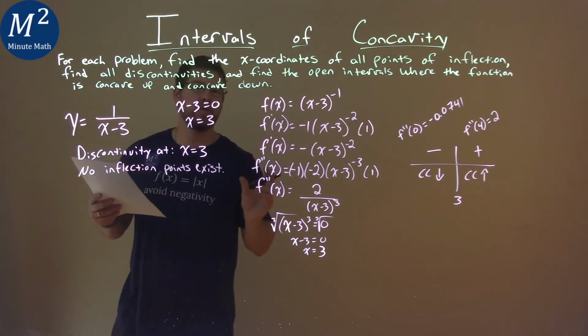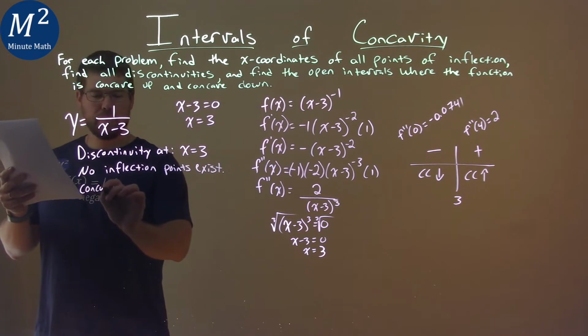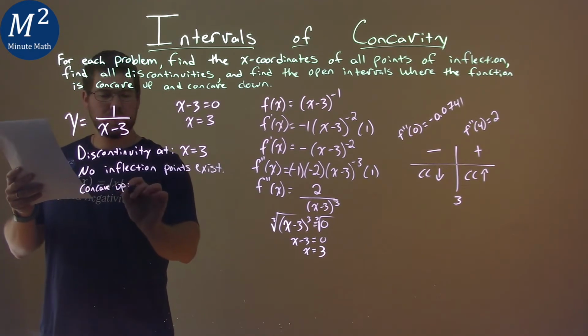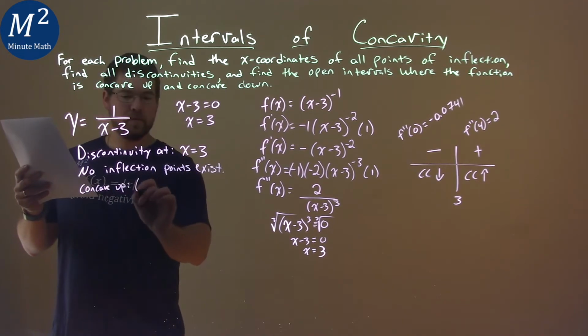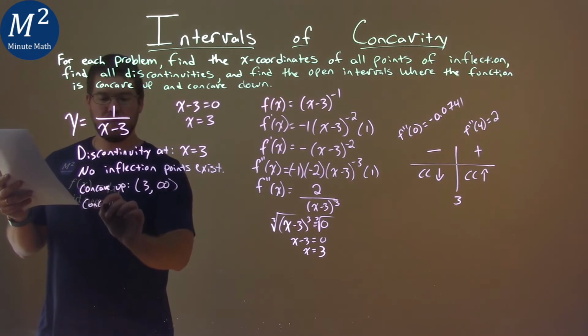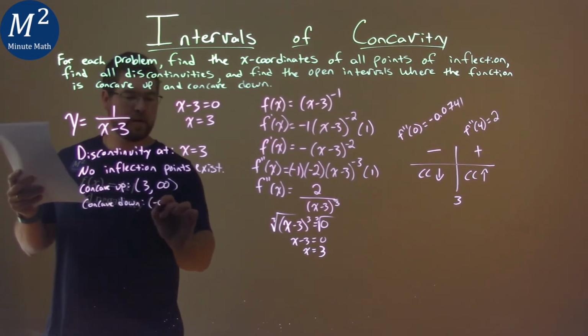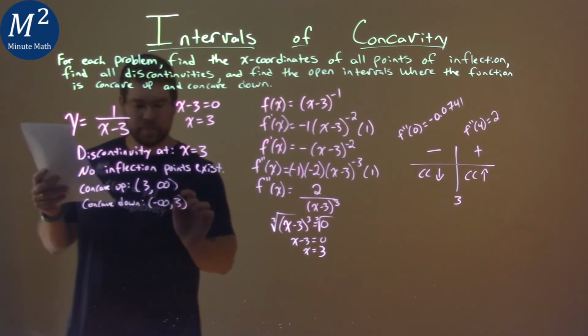But we can tell the intervals where we're concave down and concave up. We're concave up from the interval of 3 to positive infinity, and we're concave down from -infinity to 3.